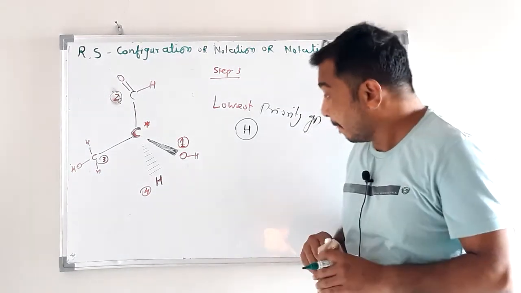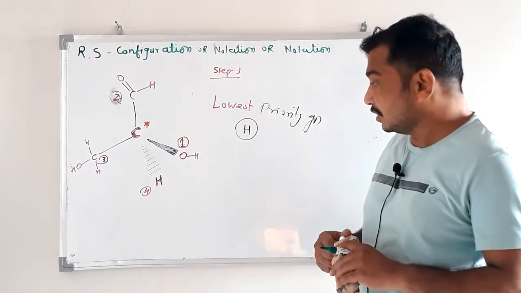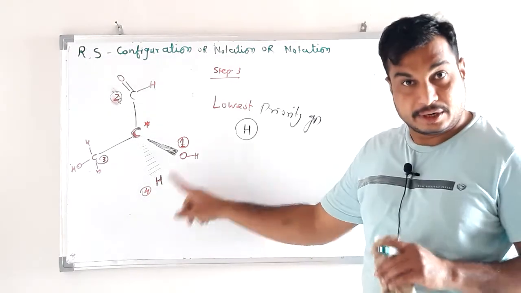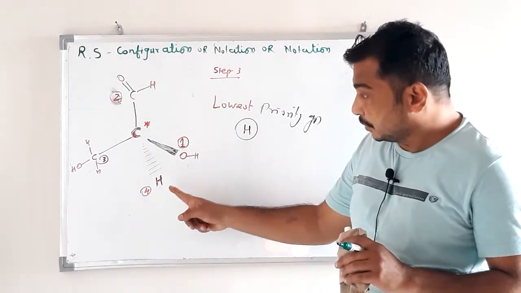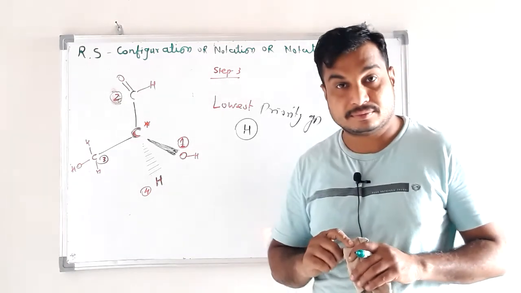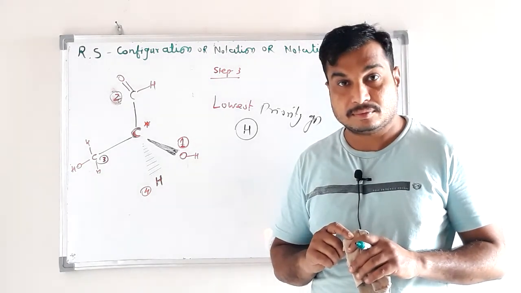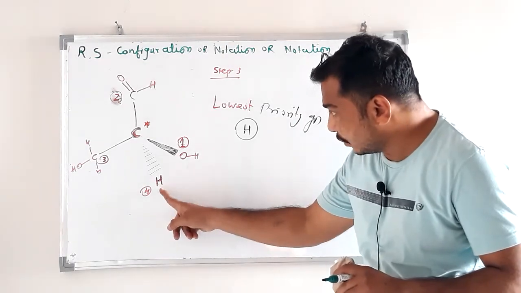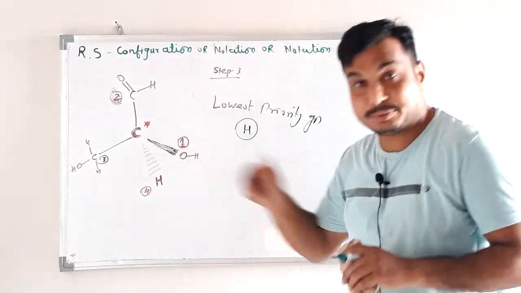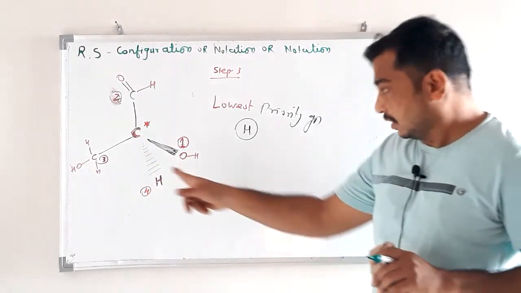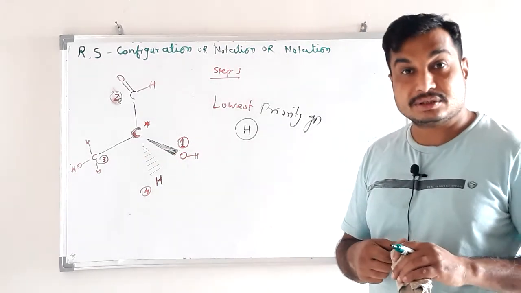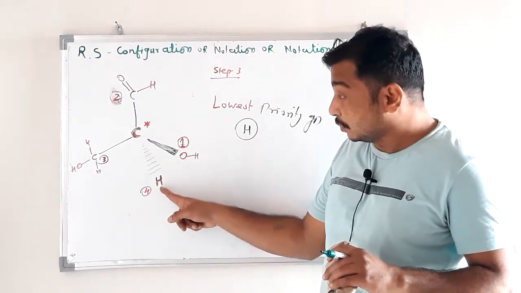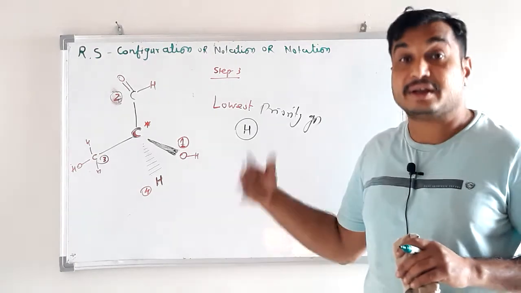See, in this example, the lowest priority group is hydrogen. Tell me whether this group is on the front side or back side. Look at this structure. The lowest group, that is hydrogen, is attached to carbon by a dash bond, a rear bond. What does a dash bond indicate? This hydrogen is on the back side, the rear side.